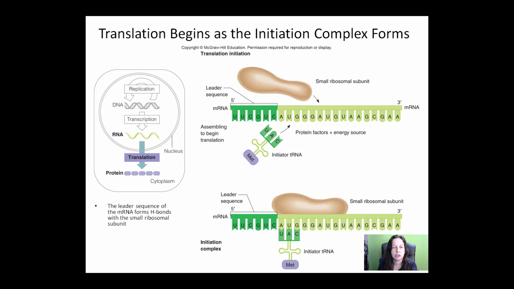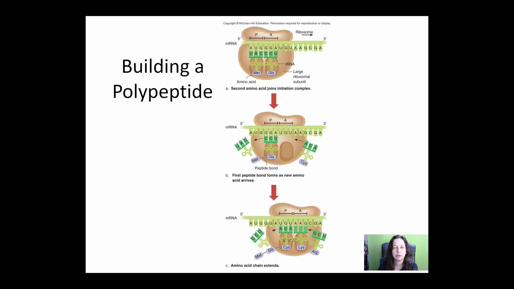During initiation, you have the mRNA, and the tRNA, which has a Met amino acid attached to it, binds to AUG with its anticodon. In the second step, the small ribosomal subunit comes in and also binds to the mRNA. This is known as the initiation complex.